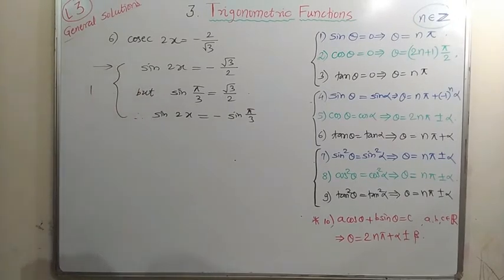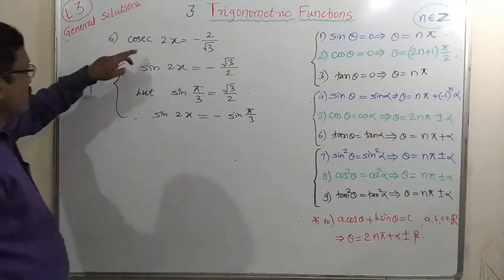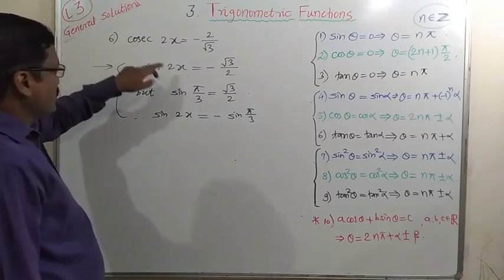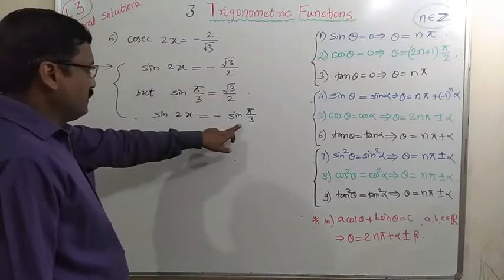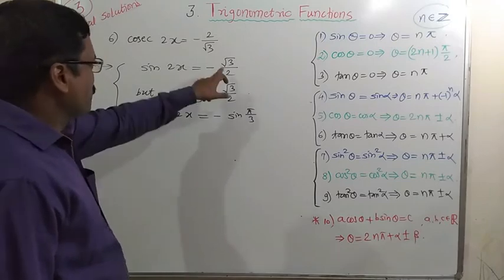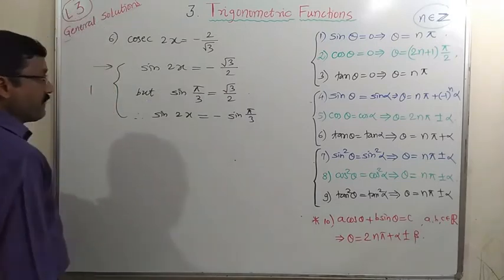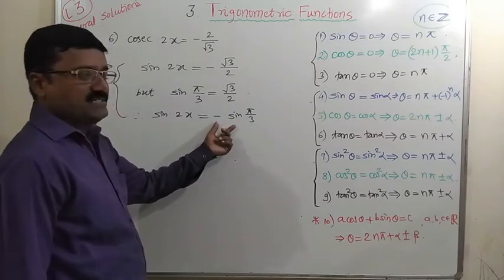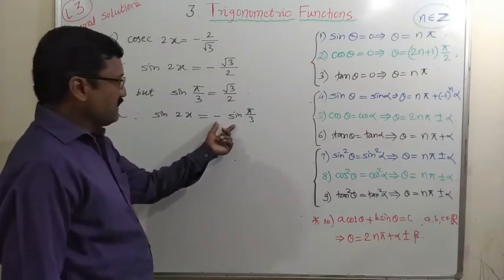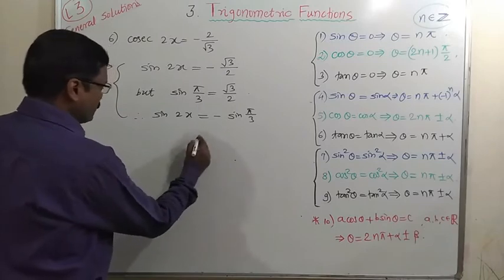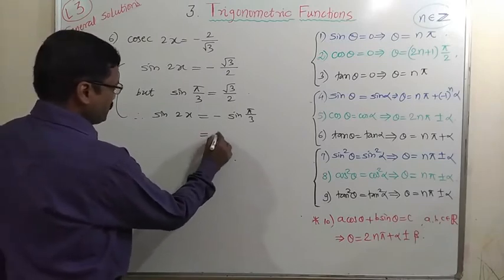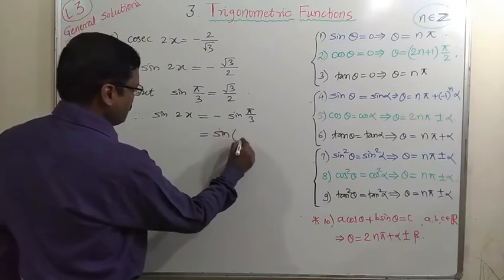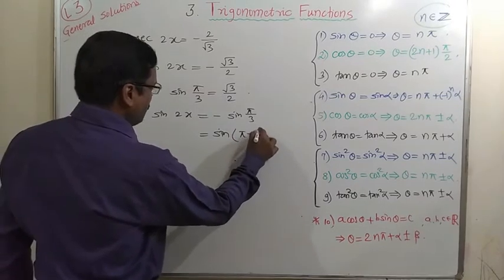Let us suppose this as the first stage. In the first step, we convert this cosecant into sine, and we write the trigonometric function for this value root 3 upon 2. Now we will absorb this negative sign. Sine function is negative in the third and fourth quadrant. Third quadrant means pi plus. So we will write this as sine of pi plus pi by 3.